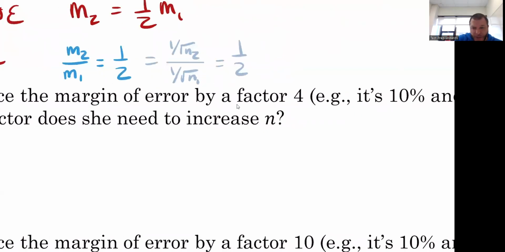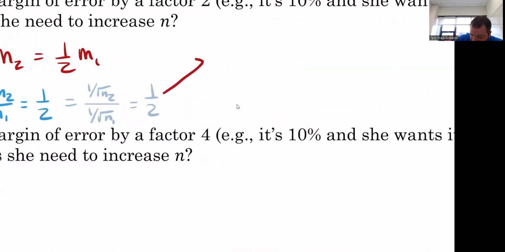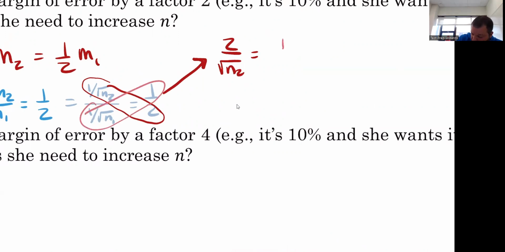There's a lot of different things we could do at this point. You might want to cross multiply, or you might want to square both sides. I'm just going to cross multiply because I feel like that's easier algebraically for students. So when I cross multiply, I get 2 over the square root of N2 equals 1 times 1 over the square root of N1.